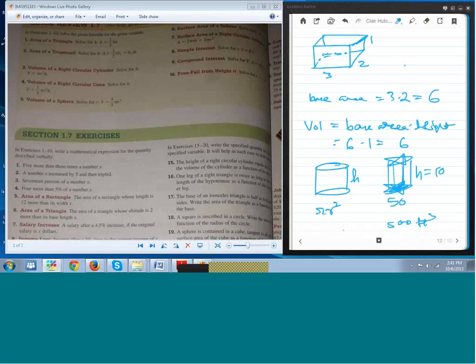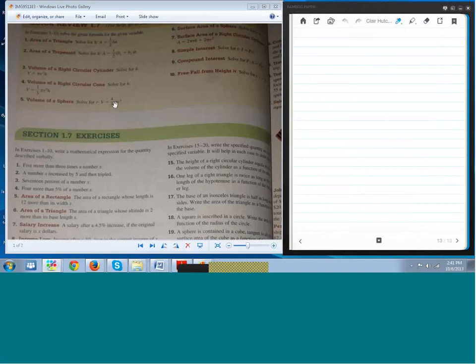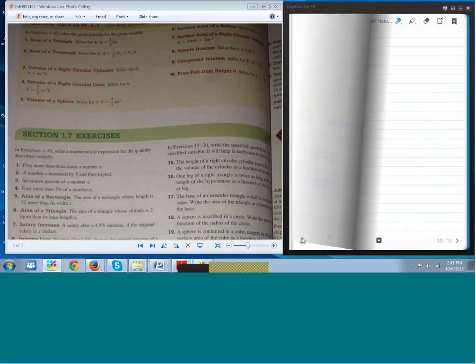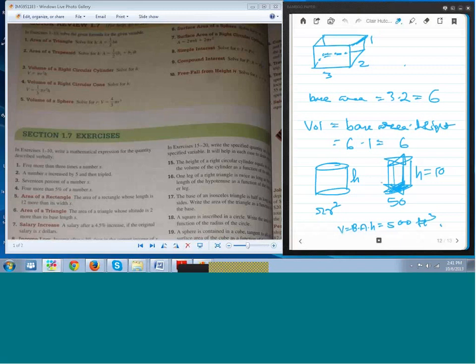Volume will be, again, base area times height. Does that make sense? Now, let's move on. This will be true for any kind of shape. If it was triangular, it doesn't matter what shape it is, as long as it's cylindrical. So you don't have to memorize number 3. You don't have to memorize number 4 either.